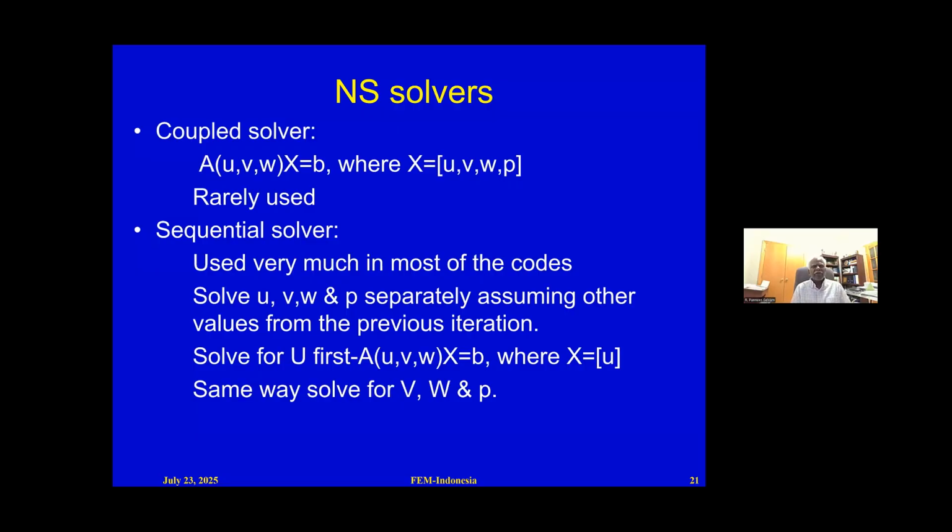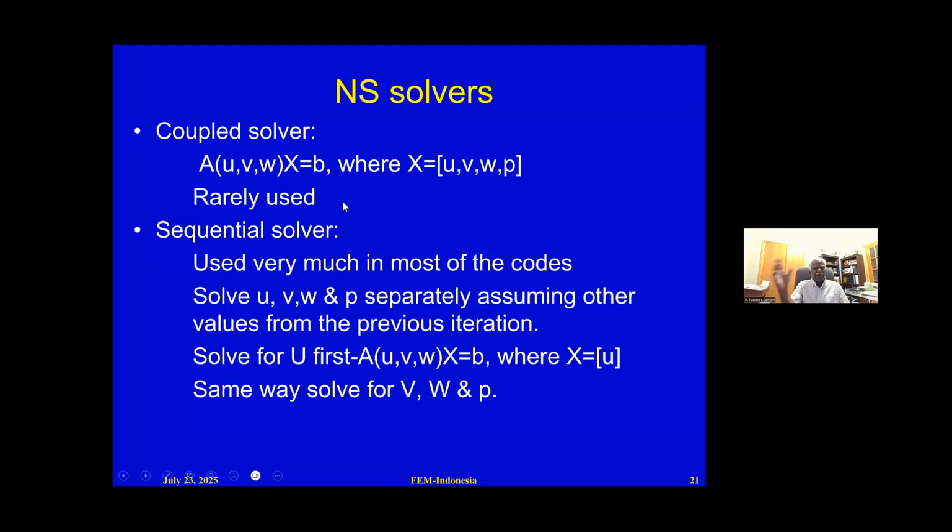Then coming to Navier-Stokes solvers, the coupled solver: it is a nonlinear equation, but you solve U, V, W simultaneously. That is what I put mathematically in matrix form, where X is the unknown, U, V, W, and P all together. In my world of large problems in engineering or science applications, it is rarely used.